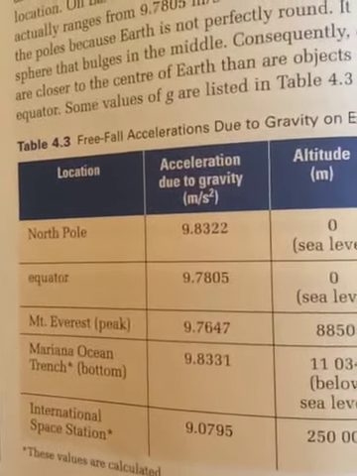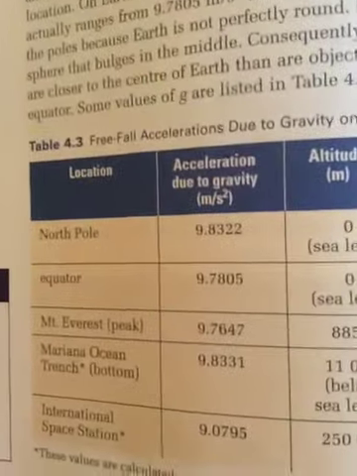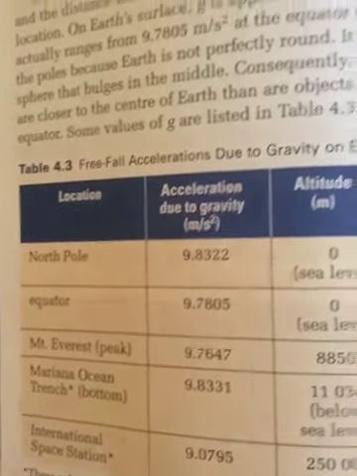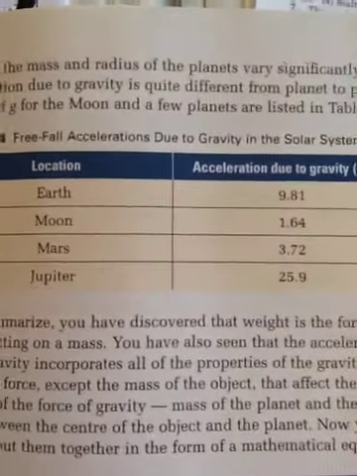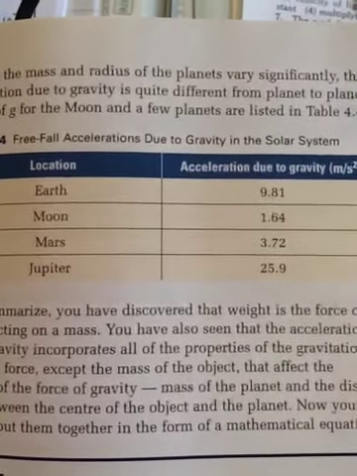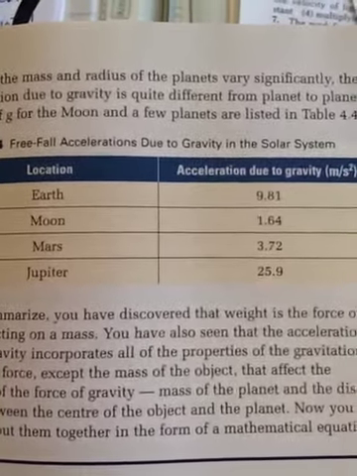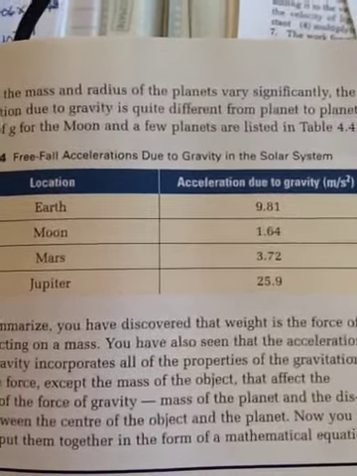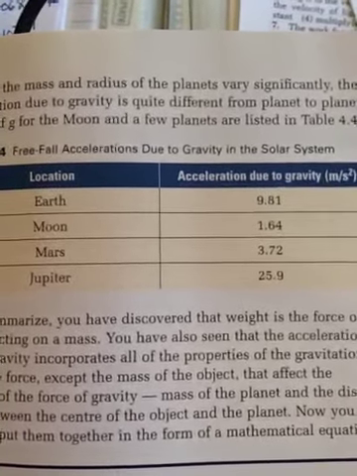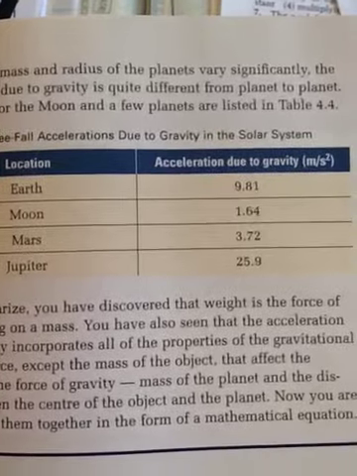It's not quite the surface of the Earth. And so for the suggested problems this evening, you will need that chart. And on the facing page, there is a little chart for what it is on the Earth, the Moon, Mars, and Jupiter. So as you do your suggested questions for this evening, these two charts will come in handy. So they're on 132 and 133, okay?